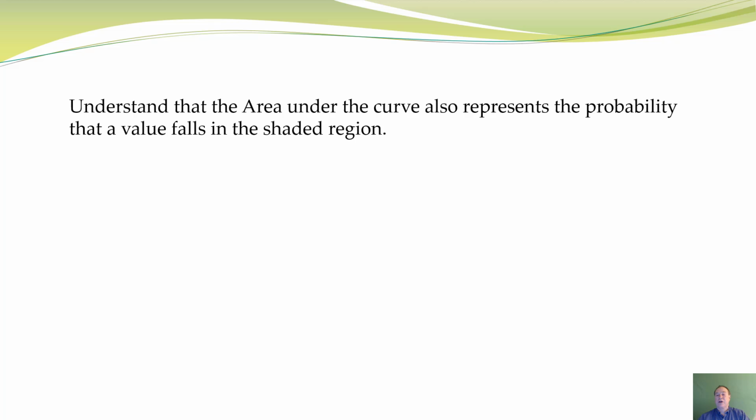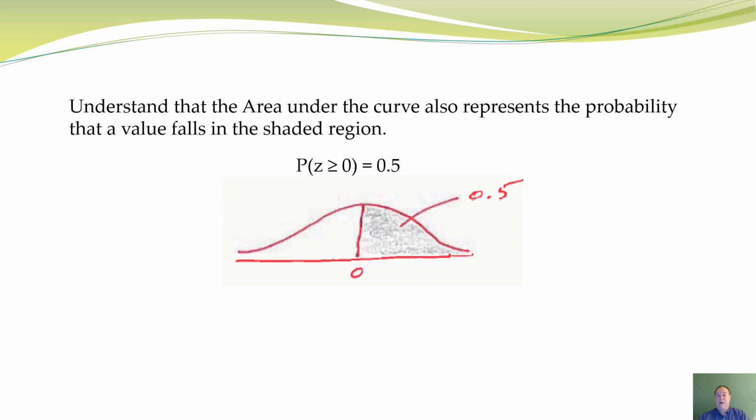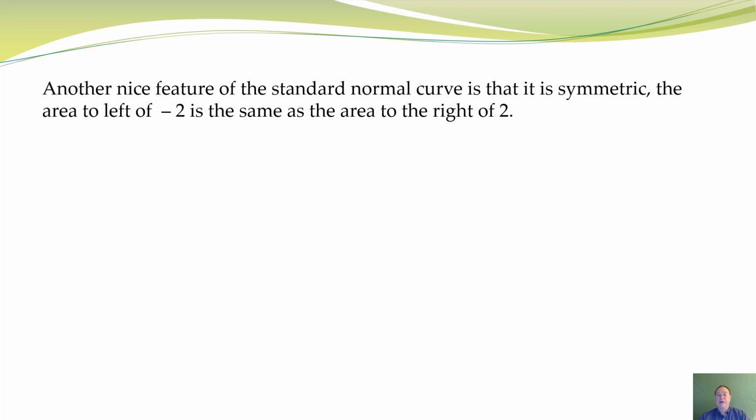Understand that the area under the curve also represents the probability that a value falls in the shaded region. So the probability that z is greater than or equal to 0 would be equal to 0.5. That's the area to the right of 0. Another nice feature of the standard normal curve is that it is symmetric.